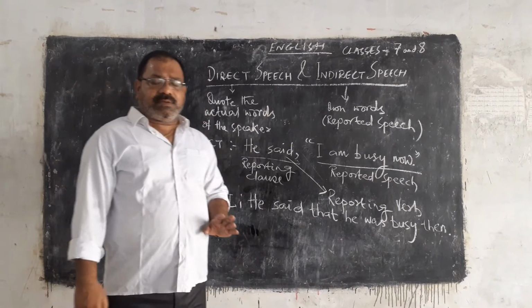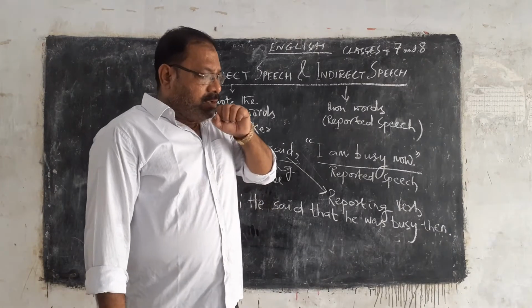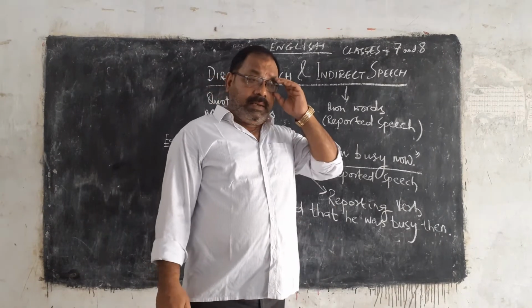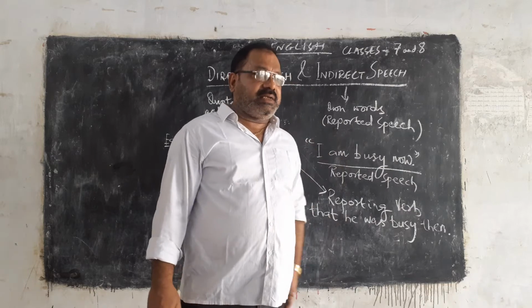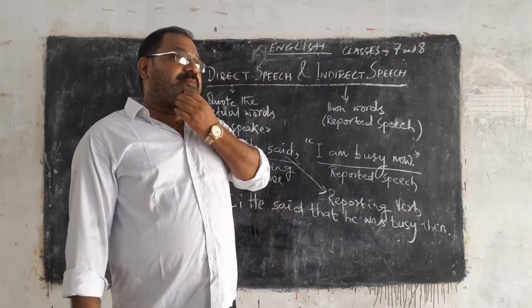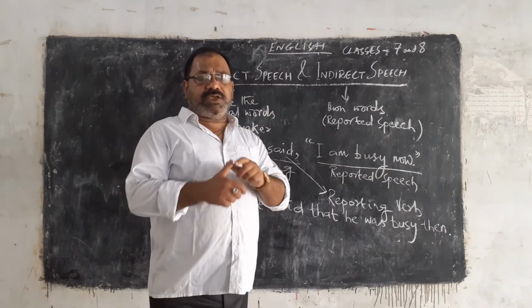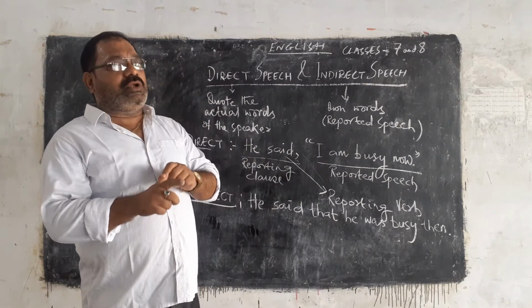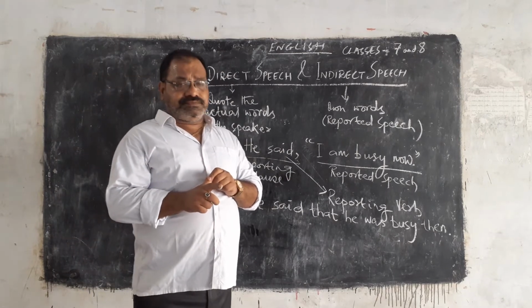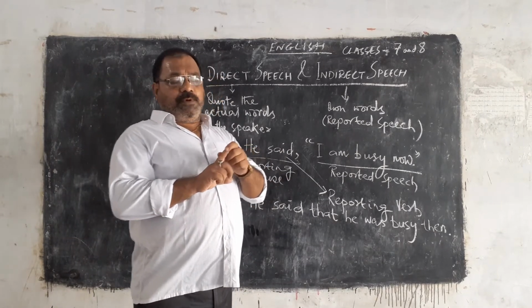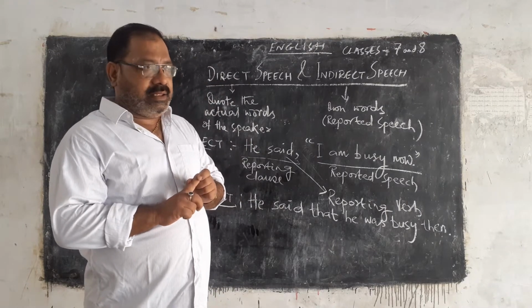These three things we have to maintain while we change sentences from direct speech to indirect speech. In direct speech, we quote the actual words of the speaker. We use a reporting verb said.